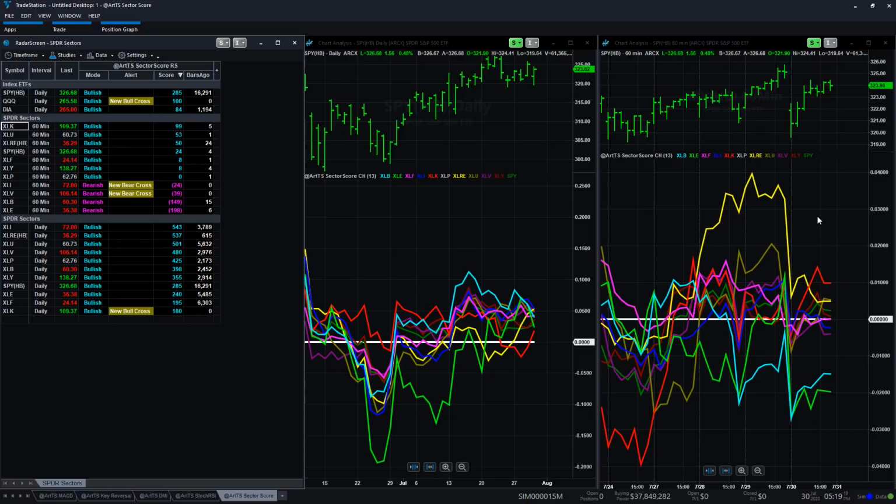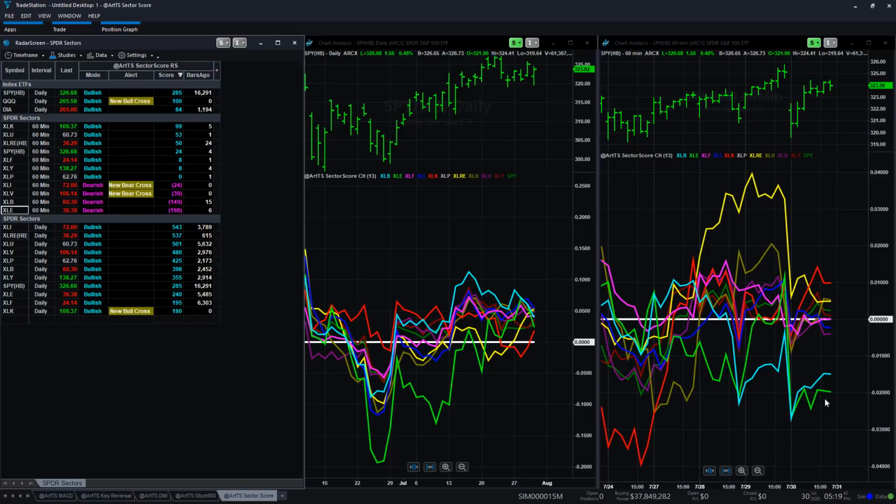If I come over here to the chart, if I look at all the symbols on the last bar, which one is the strongest? The red one, which is XLK. So you can read the legend right there. The weakest one is energy, of course. So here, energy is XLE. That's the green. And we can see that right down here.